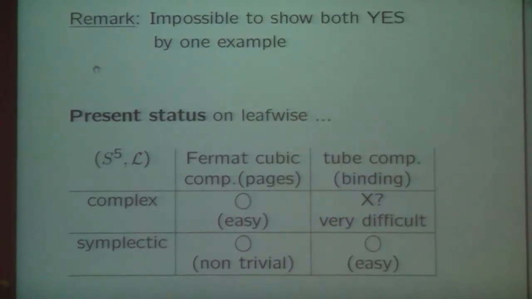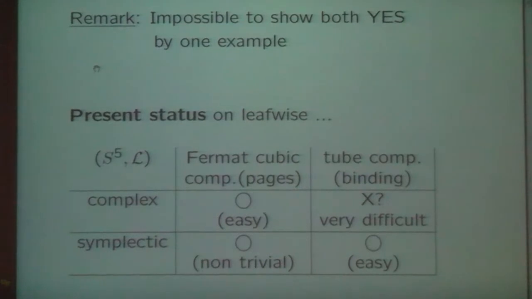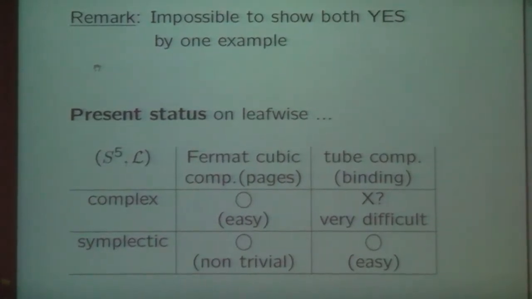One is the tubular neighborhood, and the other is really filled with Fermat cubic surfaces. On the Fermat cubic part, it is really easy to put a leafwise complex structure.